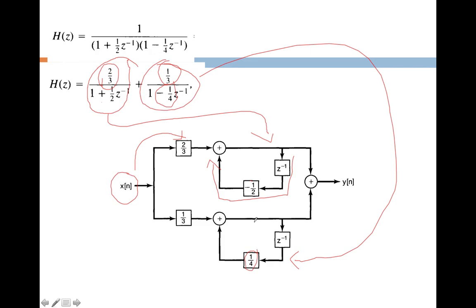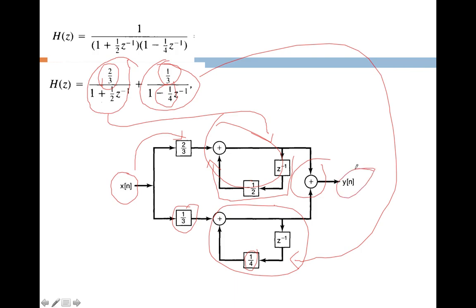So the second one is the second block. This block is related to the second equation, and this block is related to the first equation. Now the coefficient of the first equation is 2/3, which is here, and 1/3 is here. Now we sum the outputs of these two parallel forms using a summer to produce y(n).